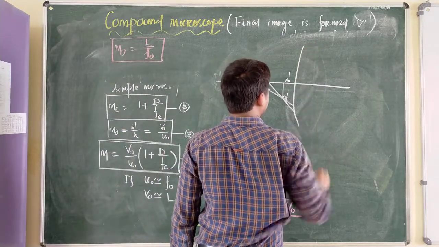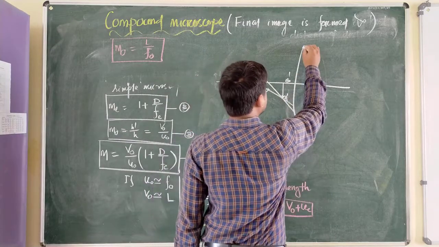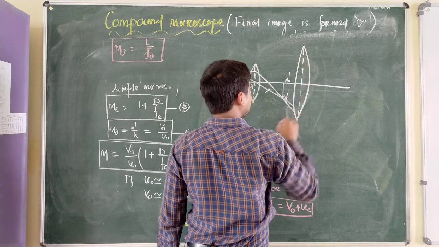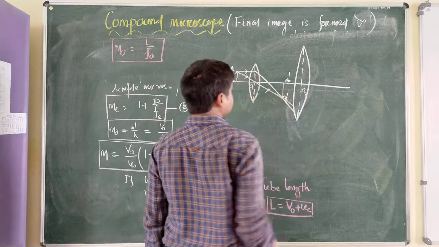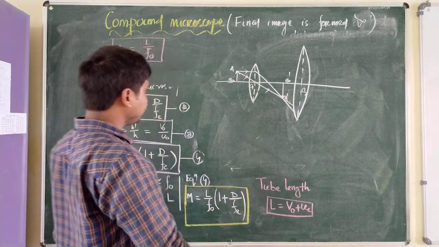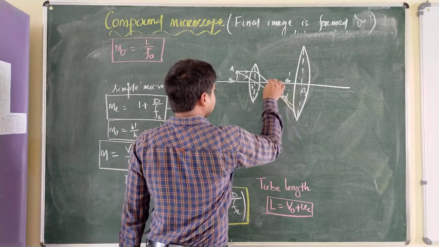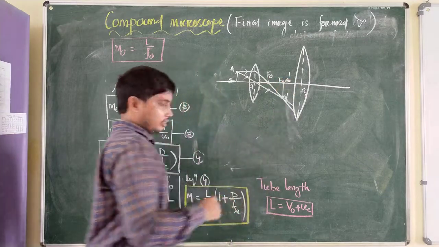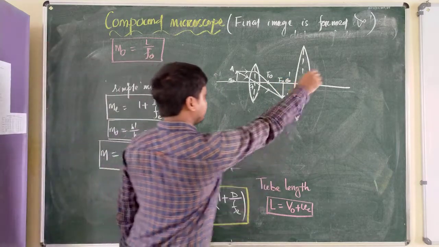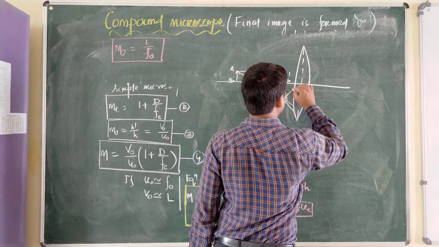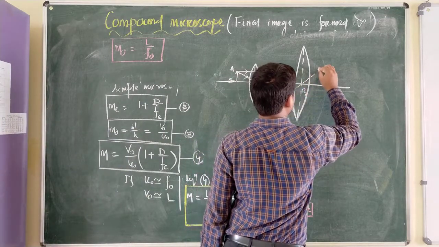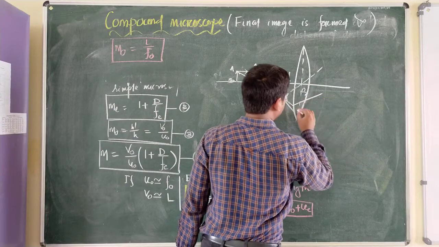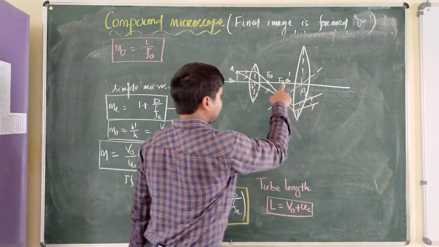Now this image A prime B prime will act as the object for the eyepiece. This is the optical center, and the final image is at infinity. So this is the focus of the objective and this is the focus of the eyepiece. The image is formed on the focus of the eyepiece, so that after refraction, this light will become parallel to each other because they are coming from the focus.